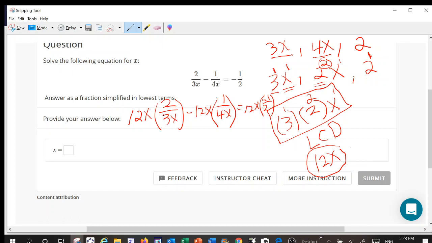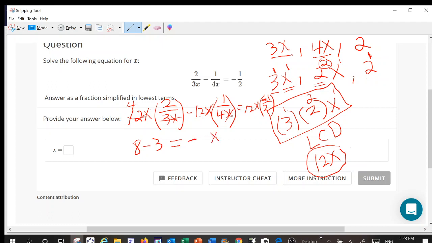So now this x cancels that x, 12 cancels this, so you get 4, so 4 times 2 is 8, minus this x cancels that x, so we get basically 12 divided by 4, which is 3, equals to, now 12x times a minus, this is a minus 1, that would be a negative number.